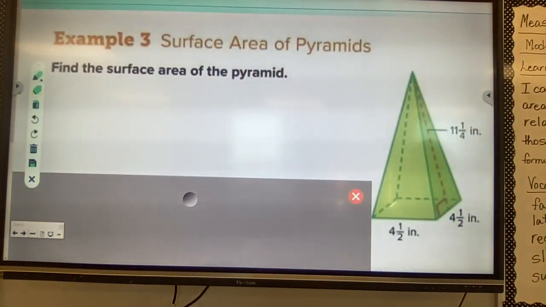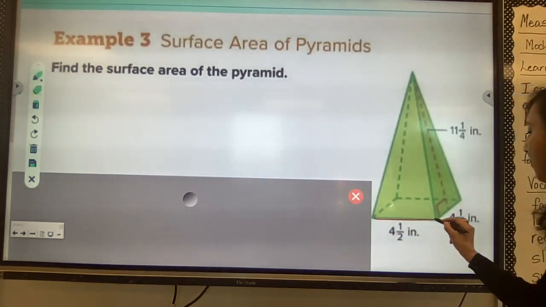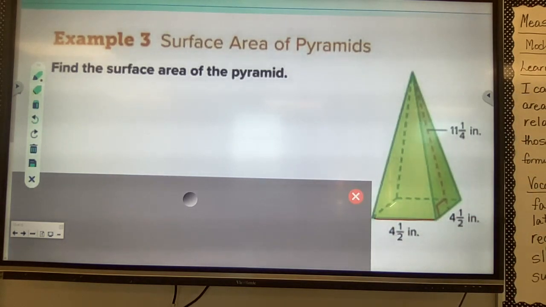So let's look at this pyramid, and we can look at the base of the pyramid first. The base of the pyramid is a square, and what is this measure? It's 4.5, so 4.5 inch sides.